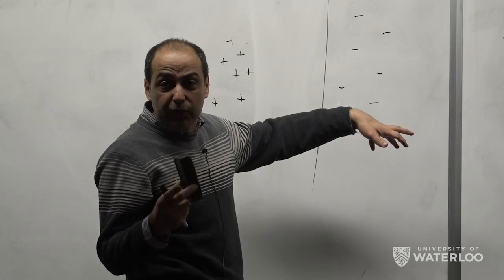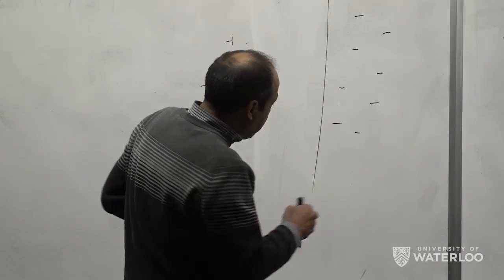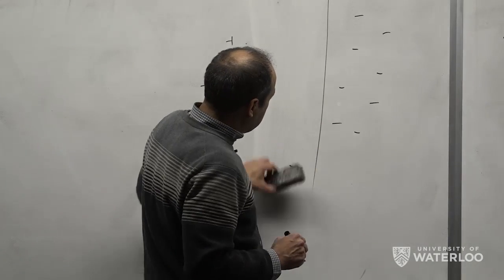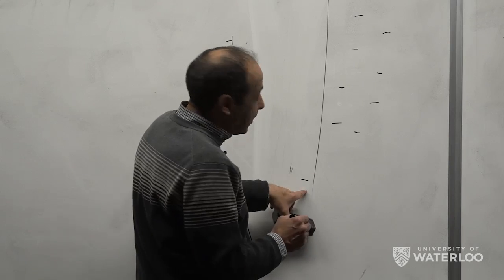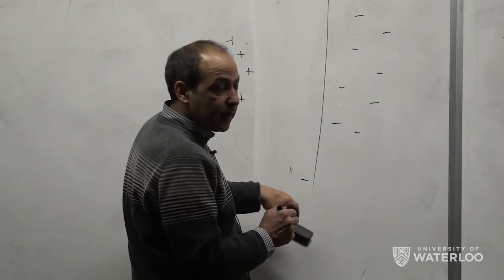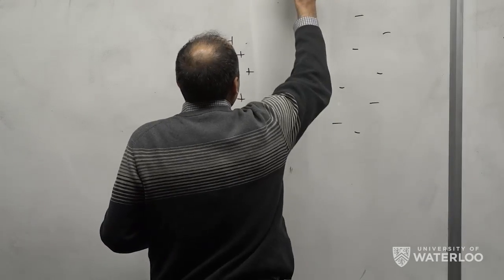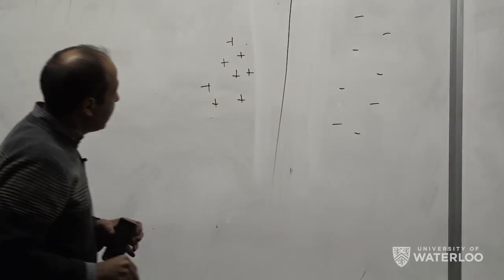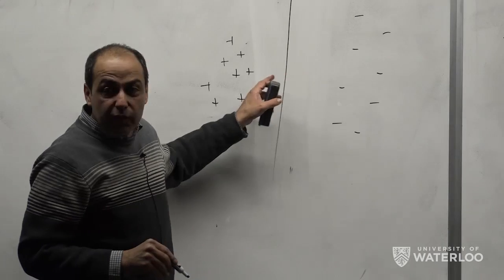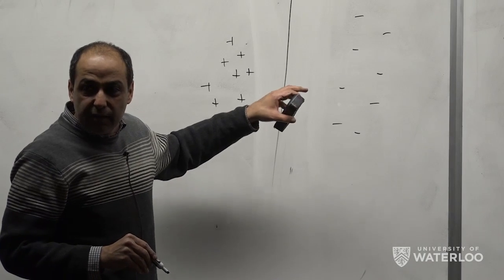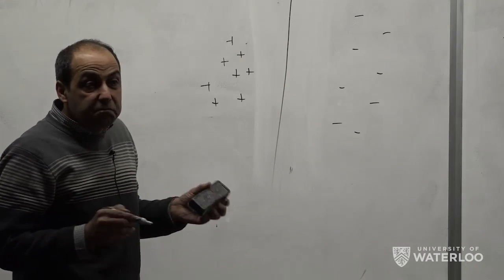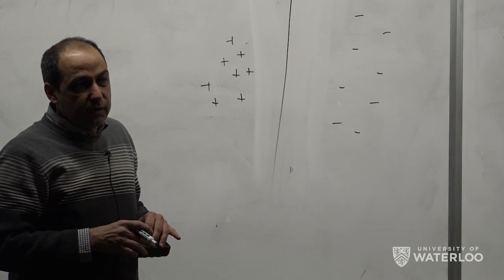If I show you a point from the test set, it's possible that this point is here and gets misclassified. But if I find a line which is right in between, which has the maximum distance from the two classes, then it could be a better solution.